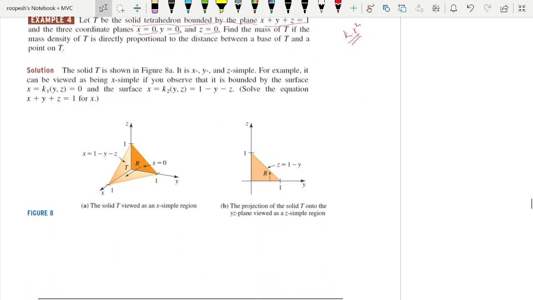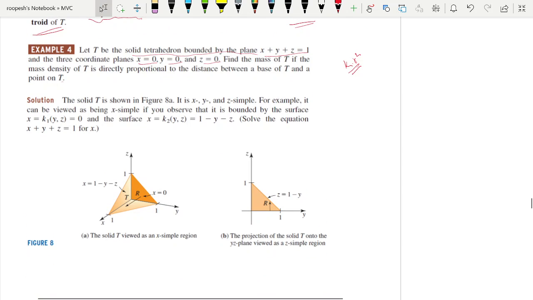The solid T is shown in the figure. The tetrahedron is shown in the figure. It can be viewed as being x-simple if you observe that it is bounded by the surface x equals k1, that is, x equals 0, and the surface x equals k2, that is, x equals 1 minus y minus z.